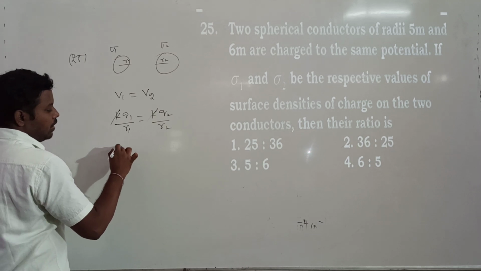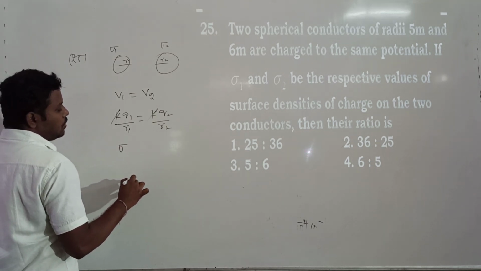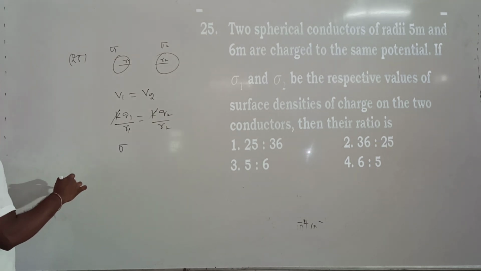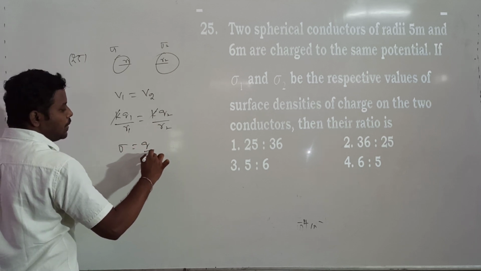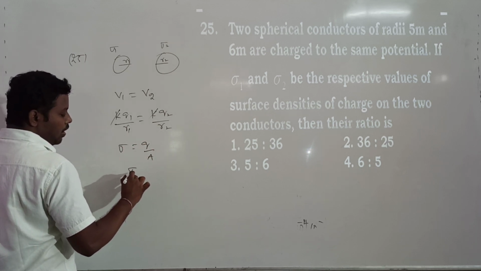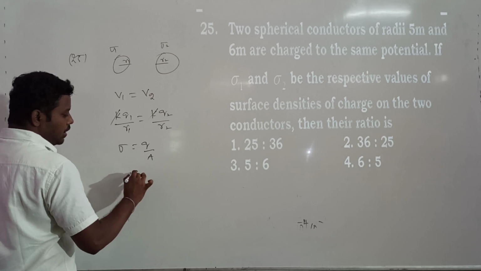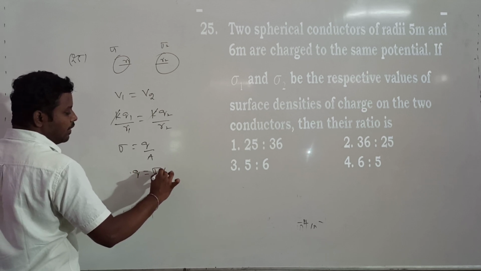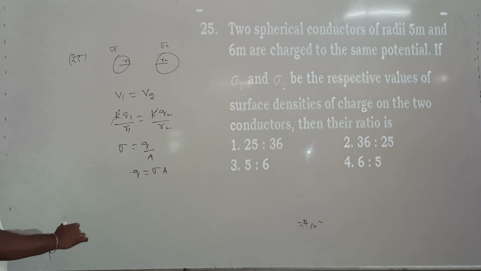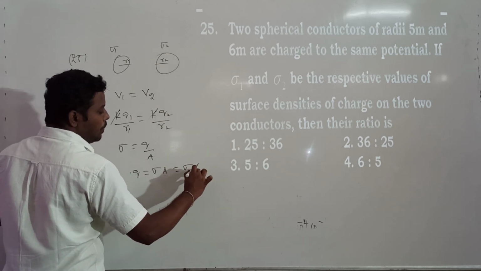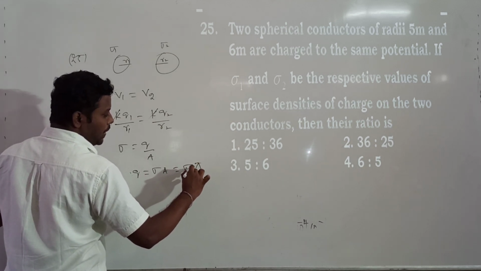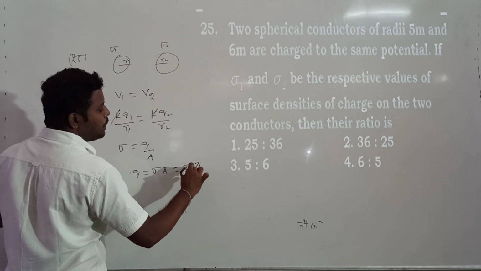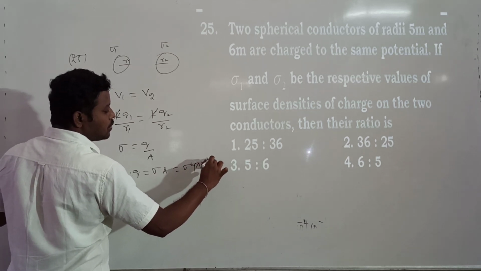How can I write Q1? Q1 is charge per unit area. What is surface charge density? Charge by area. So Q is equal to sigma into A, where the area of a spherical conductor is 4 pi r square.